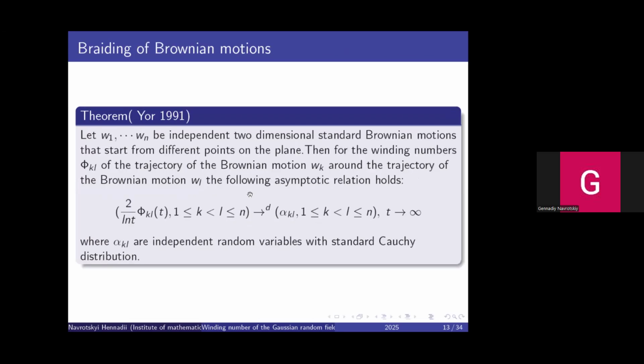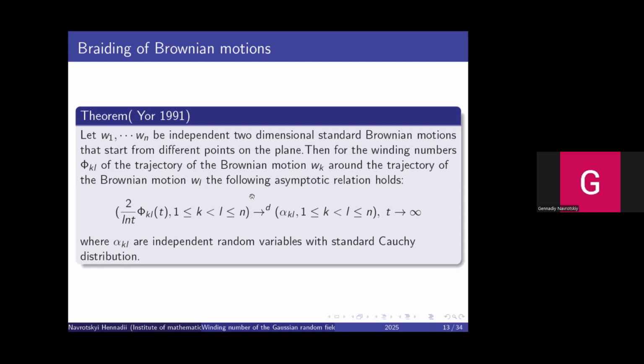So further, let us consider the pairwise winding number of several independent Brownian motions on the plane that start from different points.